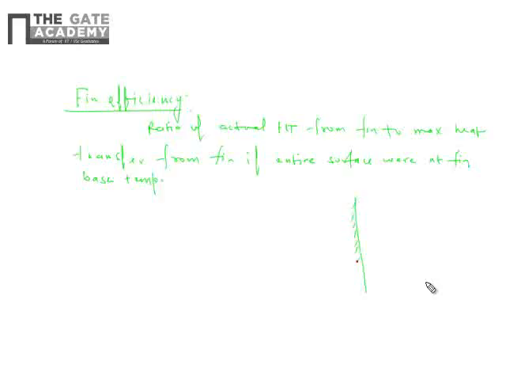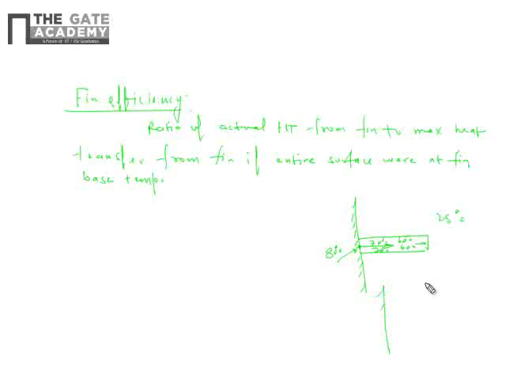Let us say this is the fin. In the actual case, the fin surface temperature will go down as we move from base to tip. Let us say if the base temperature is 80 degrees centigrade and the surrounding temperature is 25 degrees centigrade. So the temperature somewhere here will be 70 degrees centigrade. As we move towards tip, it will again drop and so on.